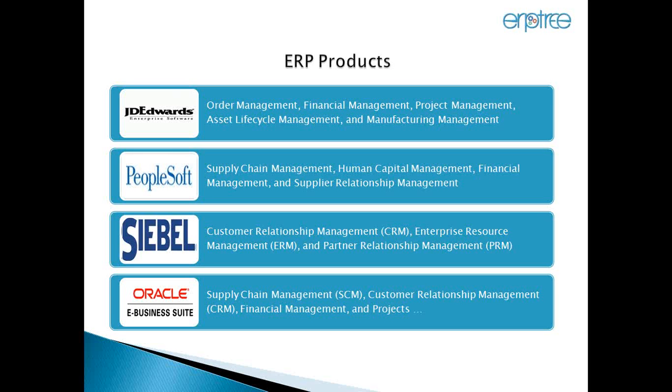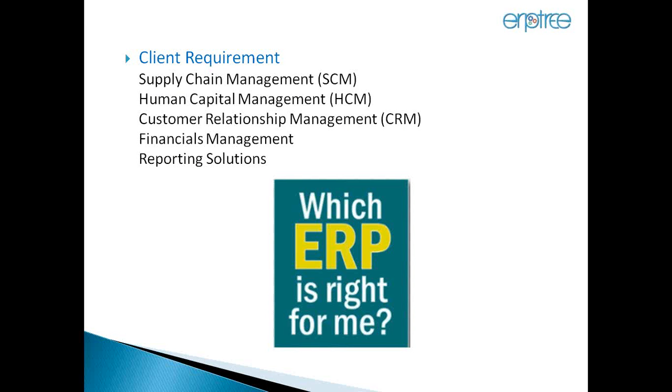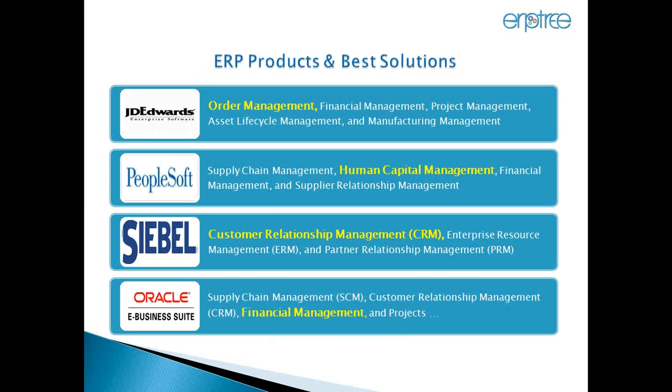We have many ERP products in the market. I mentioned just the very key ERP products, and I might have ignored a few other key ERPs. So the big question is, which is the right ERP for the client? The first point to look at is which ERP product offers the best solution for the areas they are looking for.